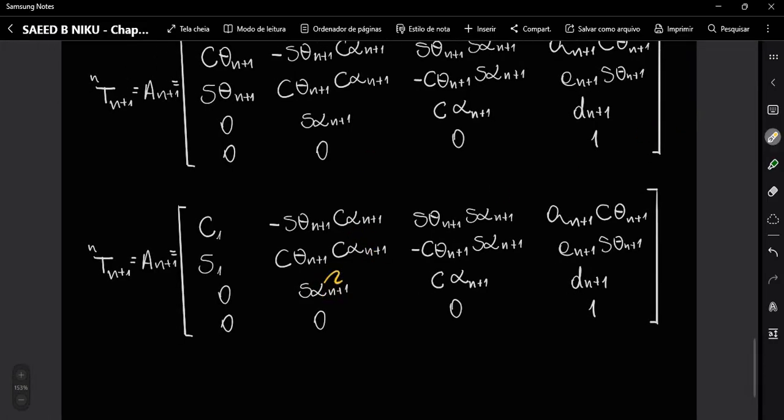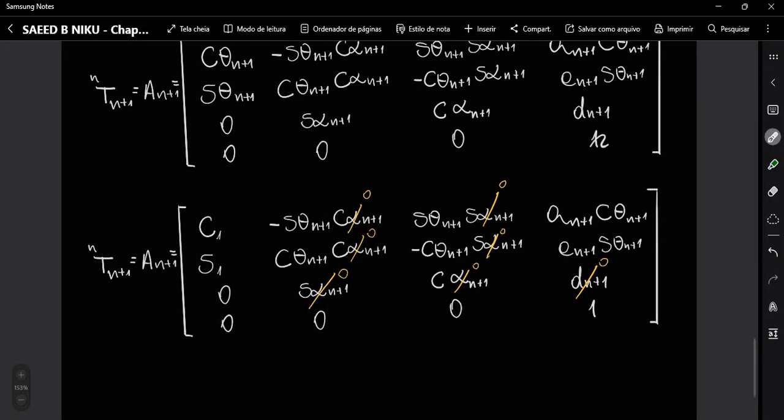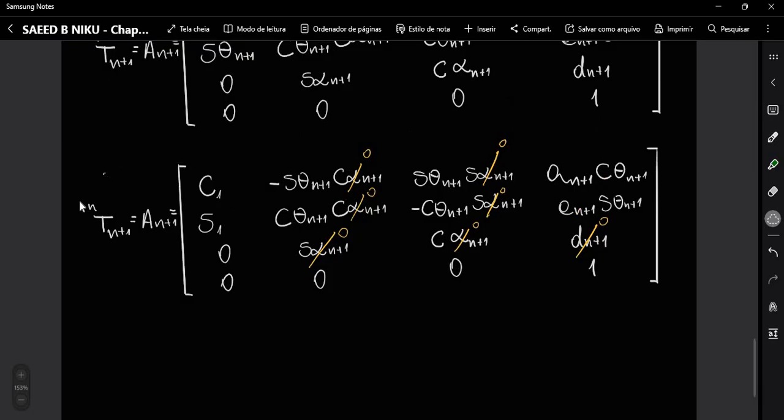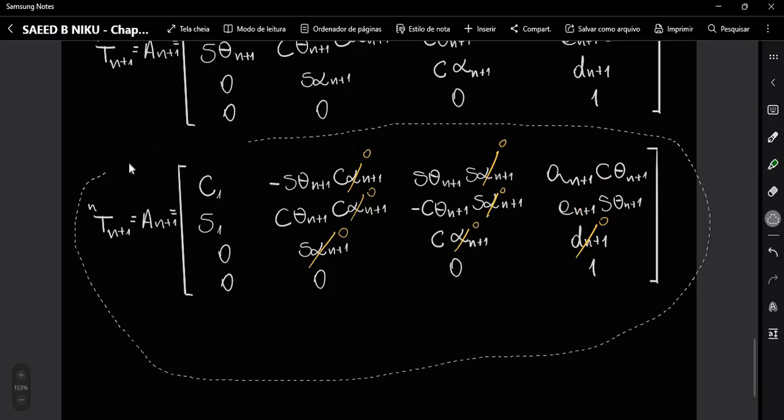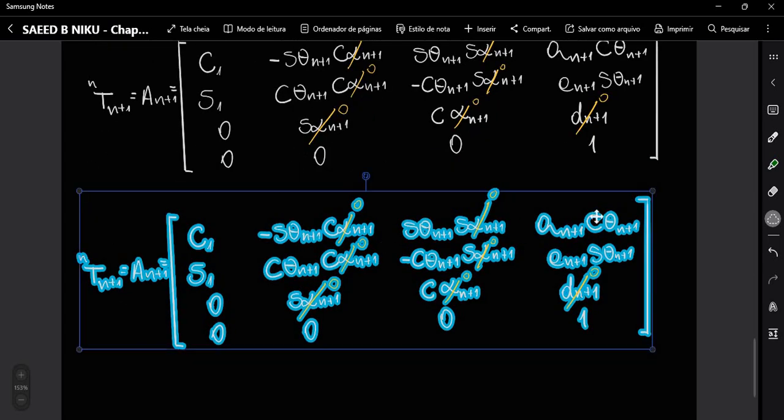Let's already substitute what we can substitute right here. We know that alpha is 0, so let's substitute alpha 0 for all, and D is also 0. So solving for the first theta 1, and also taking this as a generic solution that can solve for any value of theta.